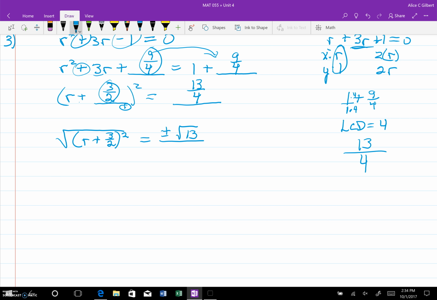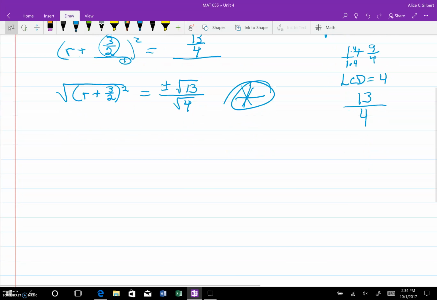It will make your life way easier. That's piece of advice number 1. Piece of advice number 2 is always make sure you do everything on the right side that can possibly be done before you start bringing anything over from the left side. That's the one that people miss a lot.